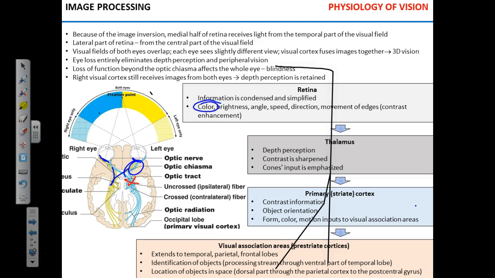Brightness: why do you know that this is brighter than this? What happens at the molecular level in your bipolar and ganglion cells?